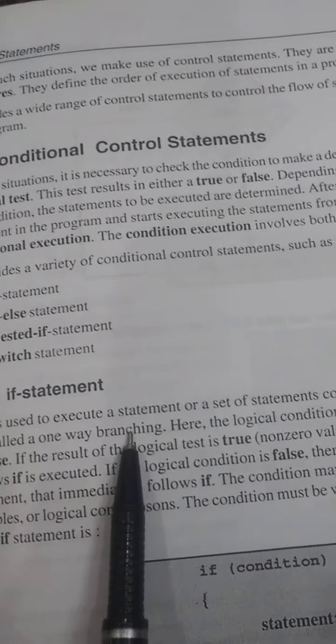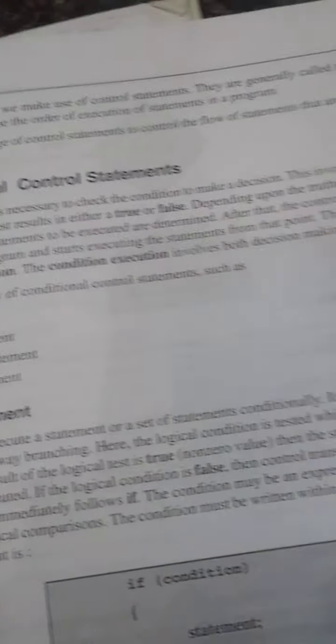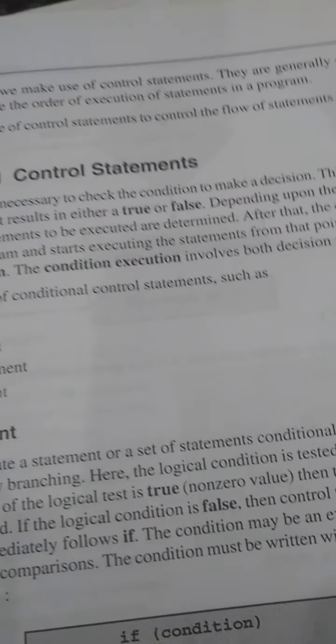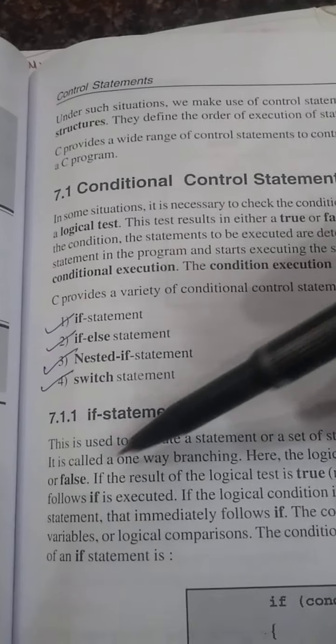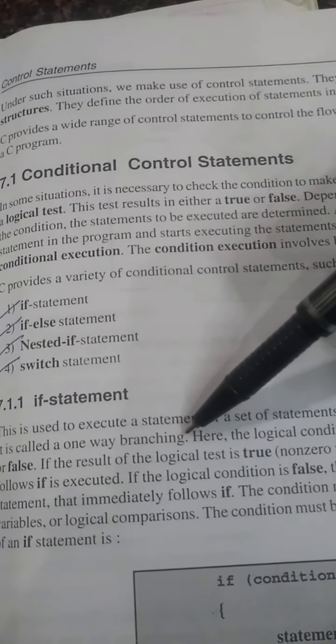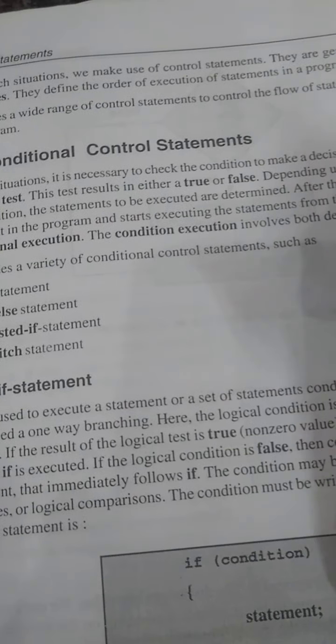This is used to execute a statement or a set of statements conditionally. If it is simple, then it is called a simple if statement. If it has only one if statement, that is called a simple if statement, and it is called one-way branching. This is the syntax for the if statement.